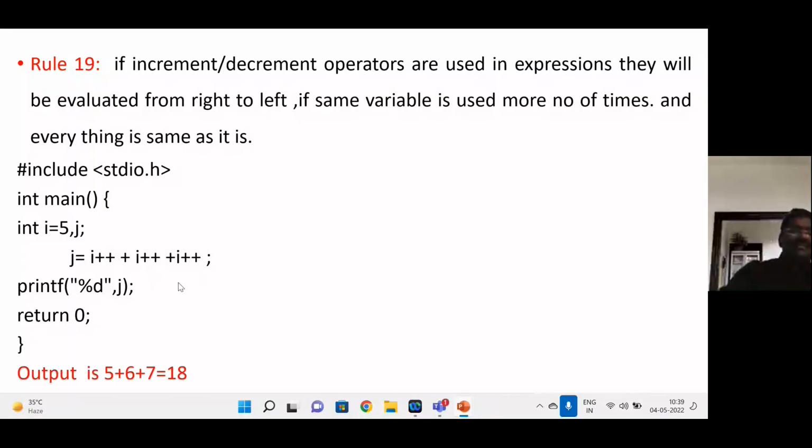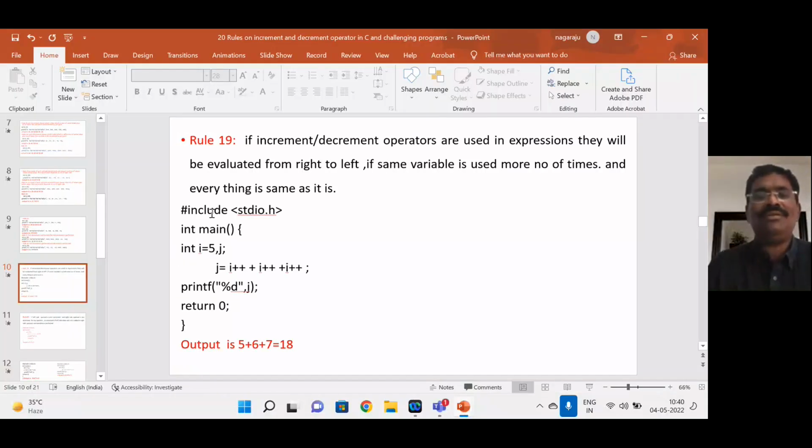So the expression evaluation should be from left to right, not from right to left. Sorry, here the evaluation should be from left to right.